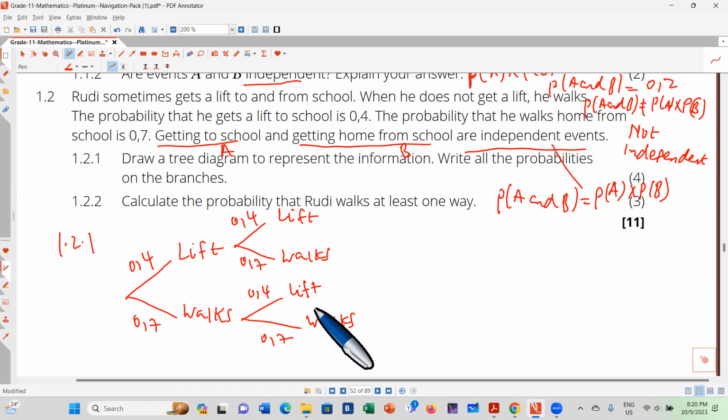In 1.2.2, calculate the probability that Rudy walks at least one way.